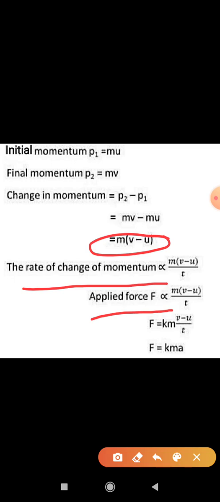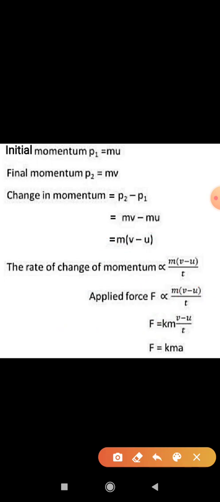Do you remember the first equation of motion? v is equal to u plus at, so v minus u is equal to at. Instead of v minus u, we will place at. As we place at here, t will be cancelled out with t.